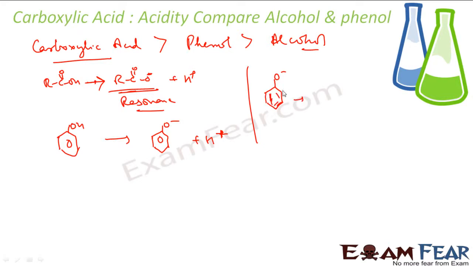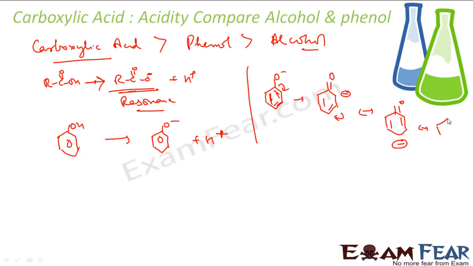Let me break this bond in this fashion. So it becomes double bond O, and the minus charge comes here. You draw more resonating structures. This bond breaks in this fashion. You get double bond O here with the negative charge.